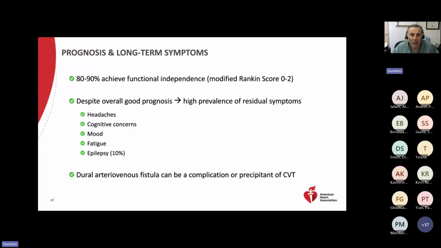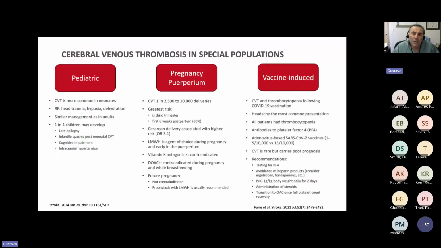So, special populations. I think we would like to cover some aspects of cerebral venous thrombosis in the pediatric population, during pregnancy and puerperium, and vaccine-induced cerebral venous thrombosis. The pediatric population, most commonly seen in neonates, is usually associated with hypoxia, dehydration, and trauma.